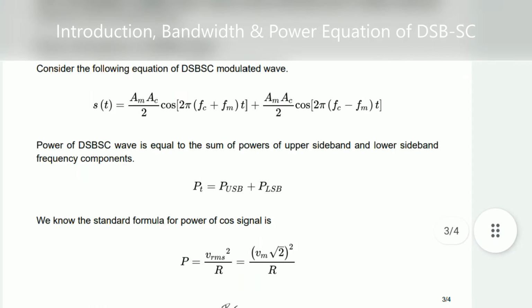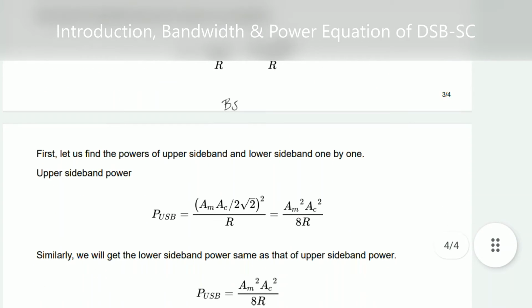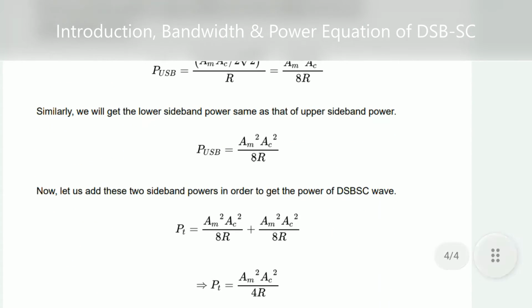After putting in the value of P, we get PUSB as Am squared into Ac squared divided by 8R. Similarly we also get PLSB as Am squared into Ac squared divided by 8R.